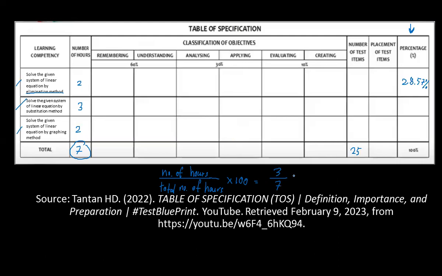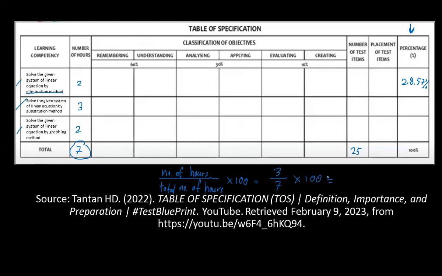Now, after we divide them both, we will multiply the product by 100. To make things clear, okay? Just divide the number of hours by the total number of hours, then multiply by 100. That's it. Sorry for making it complicated.